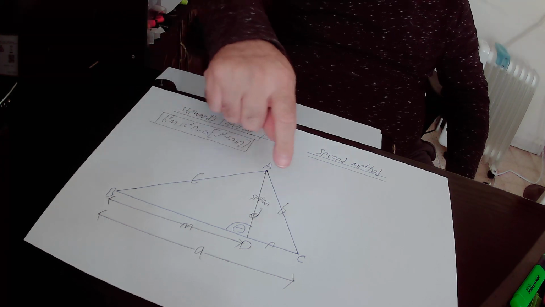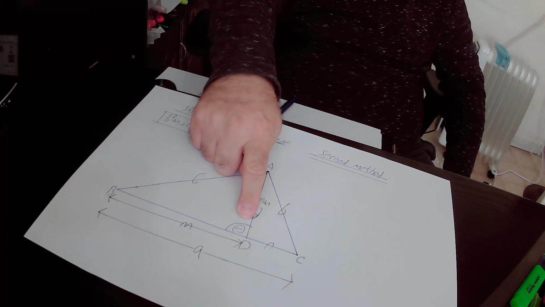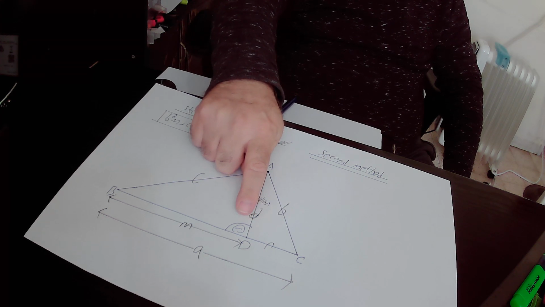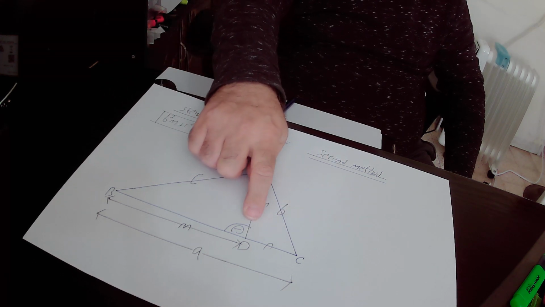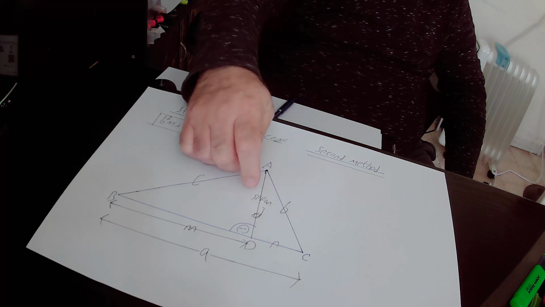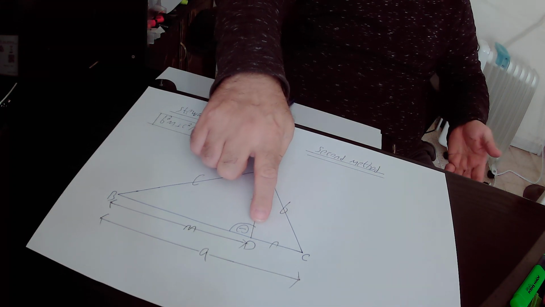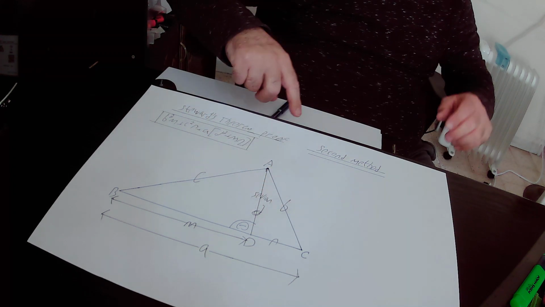So if you focus on the upper side of the straight line BC at point D, the sum of the angles must be equal to 180 degrees according to rule number 1. So which angles do we have at the upper side of BC at point D? We have this angle that is theta, plus the missing angle, that is angle ADC, and they must be equal to 180 degrees. So the missing angle must be equal to 180 degrees minus theta.